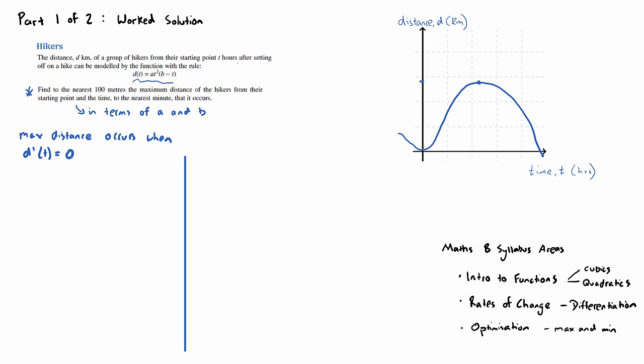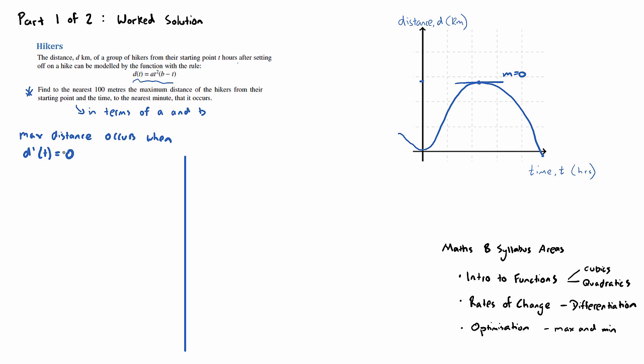Briefly, this function here that I've shown on the top right is the distance away from the starting point. At this point here, the gradient of the function, which we'll call m, is equal to 0. And when the gradient of the function equals 0, that'll give us our maximum point.